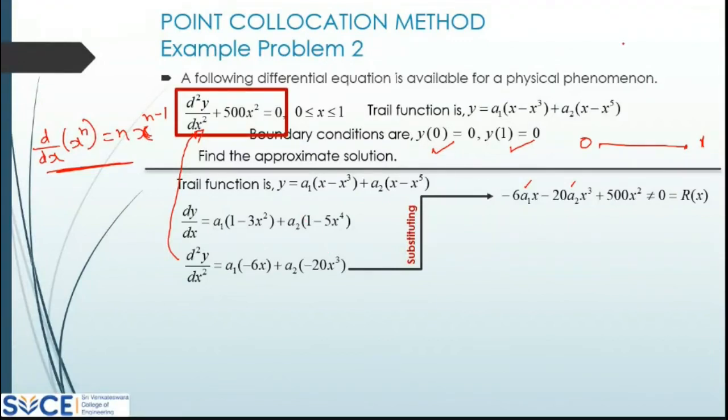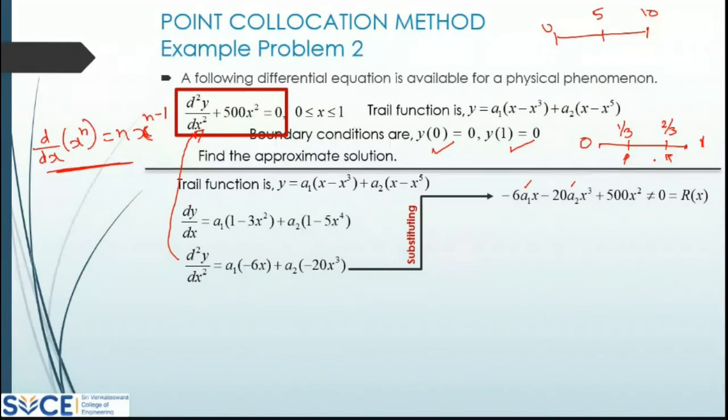Previously, we took 1 point, which meant dividing by 2, so 0, 0.5, 1. Now I have to divide by 3, so 0, 1 by 3, 2 by 3, 3 by 3, which is 1. So I get 2 points now: 1 point is 1/3, another point is 2/3. I'm splitting it equally.